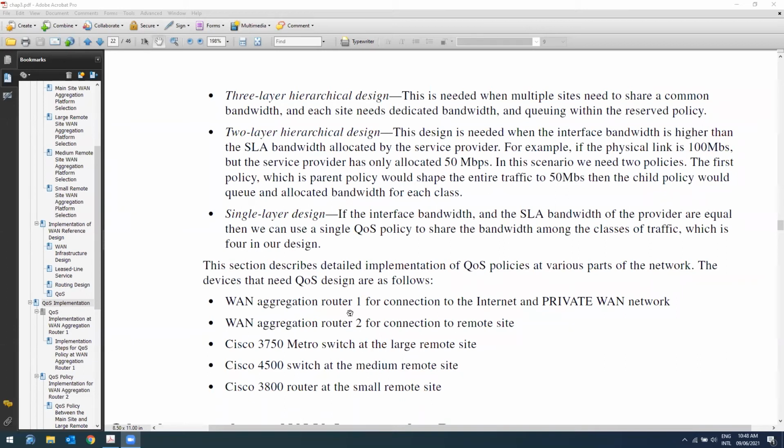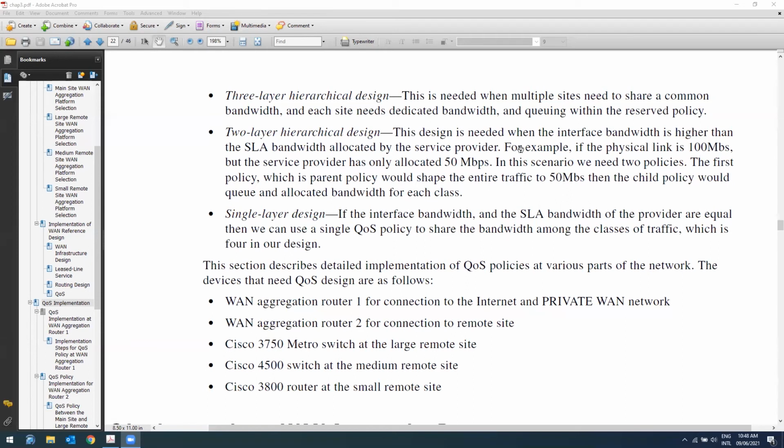So I hope you have understood what it's saying there. Sometimes what it is saying is, if you have a line that is given, only a 100 Mbps line, and whatever you have in your infrastructure requires 100 Mbps, but the allocation you have is only 50 Mbps. In that case, you have to make two policies, okay?